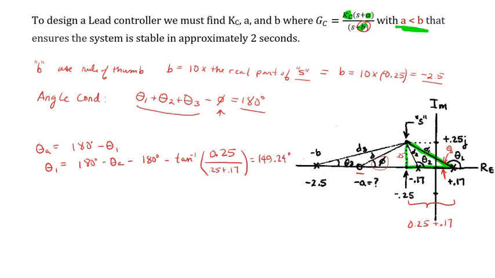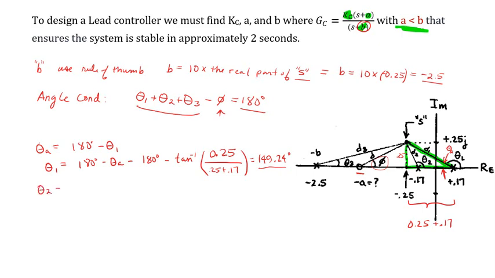Okay, so the question is, does that make sense? You look at this drawing, and yeah, theta 1 probably is something like that. It's more than 135 degrees, which would be exactly a 45-degree angle. It's not 180 degrees, so that looks pretty good.